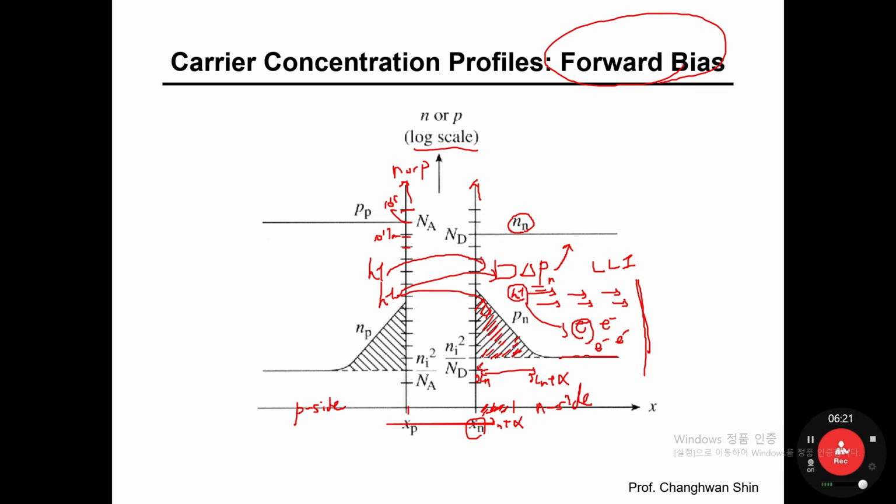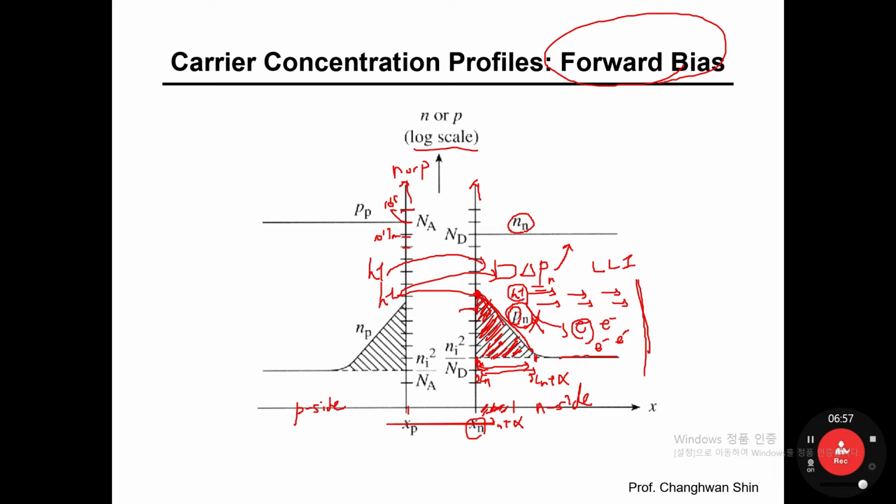So we may imagine the hole concentration in the n side at non-equilibrium. That is the reason why I have denoted it as p sub n. So this line indicates p sub n, the minority carrier concentration at non-thermal equilibrium.